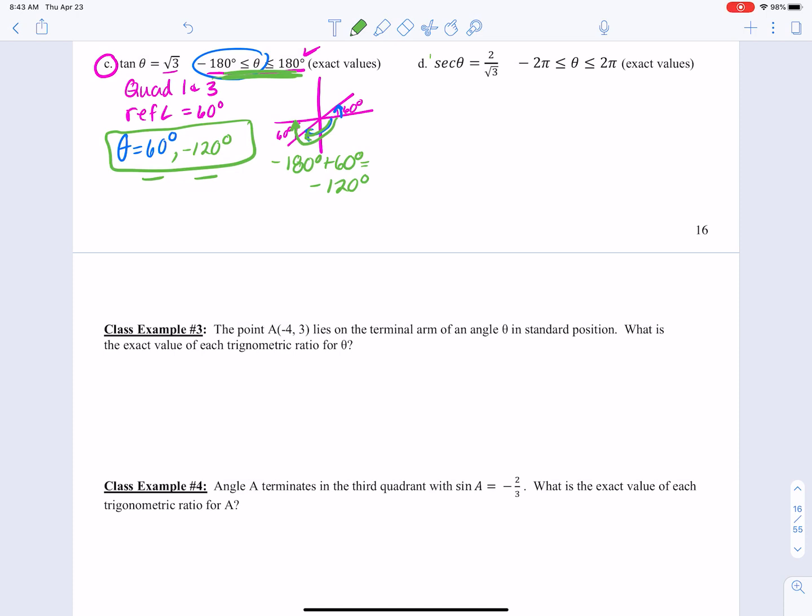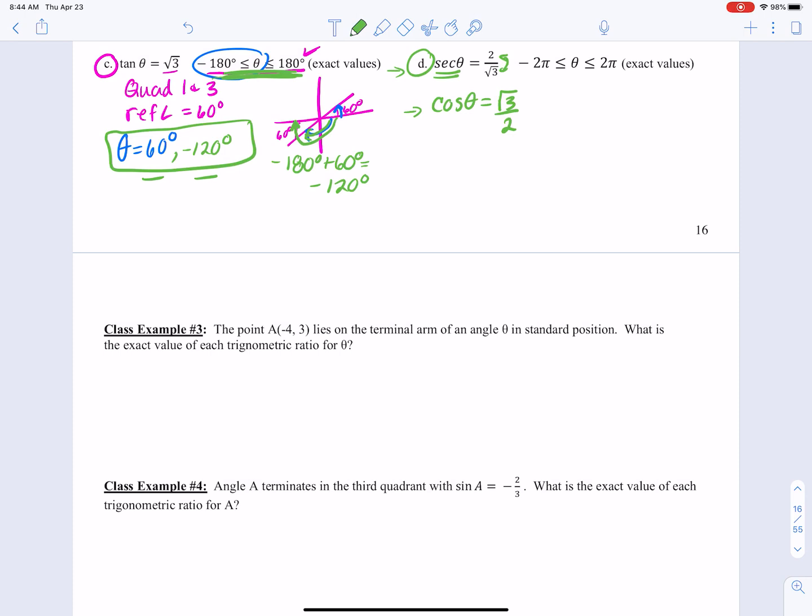All right, let's take a look at D. We got a lot going on here. Here we have the secant ratio. Whenever I see a reciprocal, I go ahead and I write it as the primary ratio by reciprocating the ratio. So this means the exact same thing as this, and it becomes a lot easier to solve.